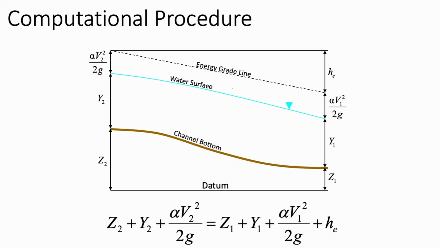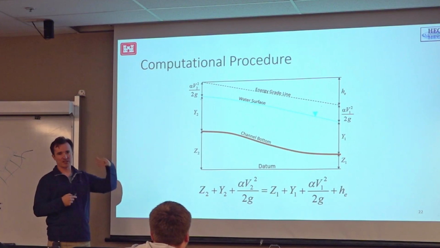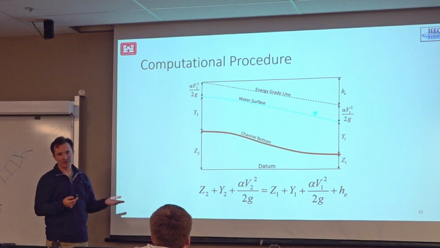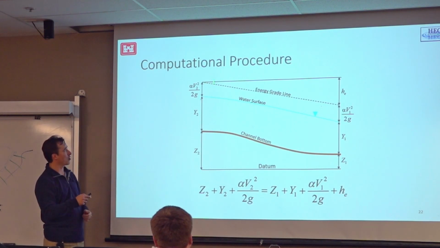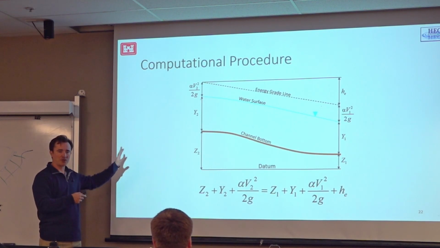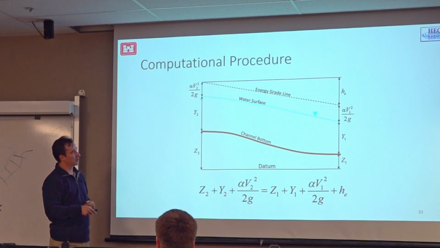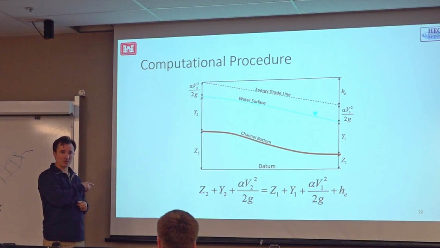Okay, computation procedure. So for normal subcritical flow, we start from the downstream end and go upstream, right? So given a stage downstream, we're going to compute water surfaces in the upstream direction, but you have to use an iterative procedure because you have to guess what the upstream water level is going to be, compute the hydraulic properties like conveyance and all of those, and then compute the friction slope that we just showed, right?